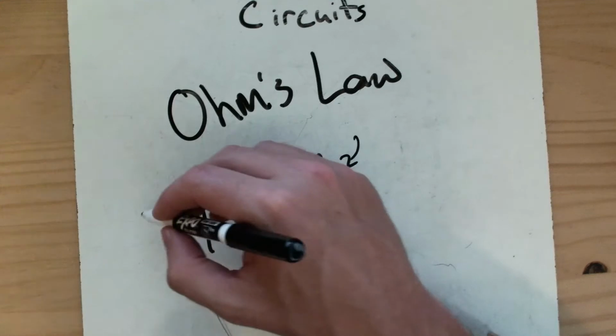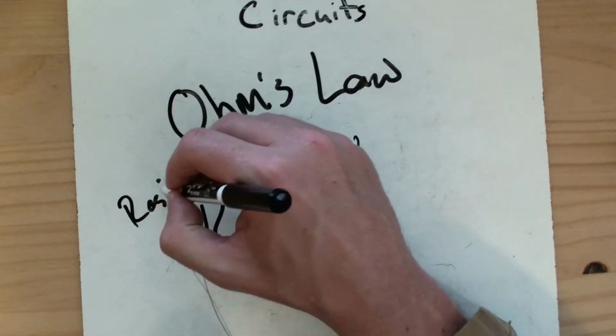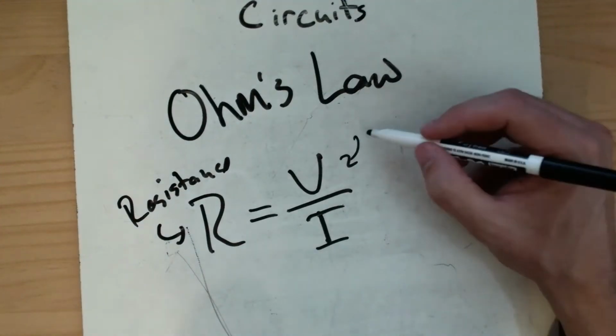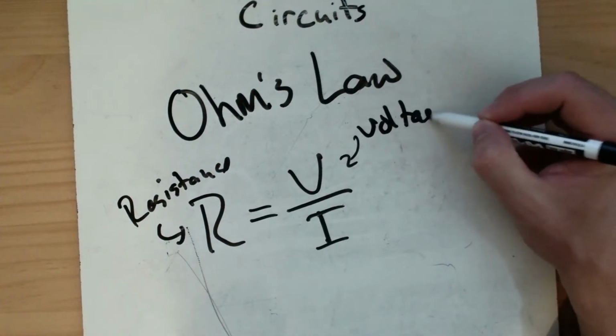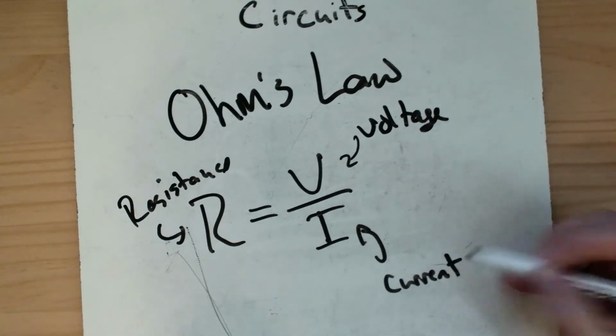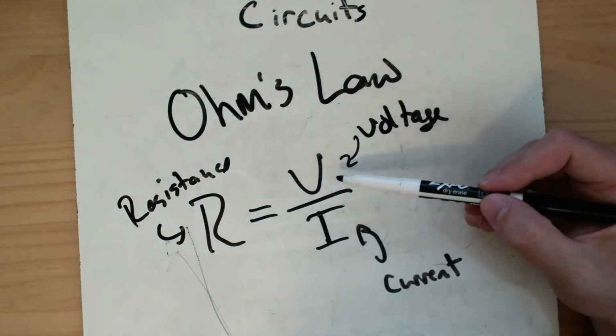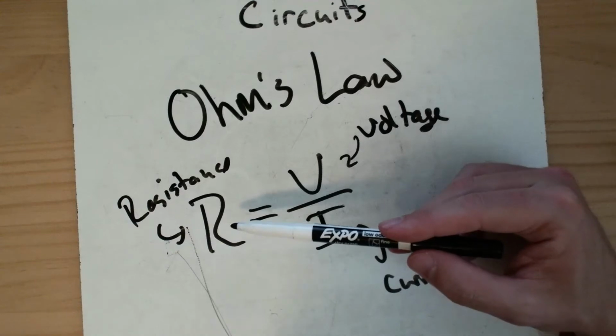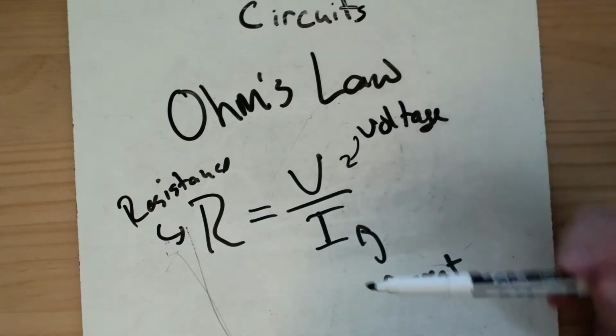So we have resistance over here. That's resistance. We have voltage over here. And we have our current down here. So this is the amount of electricity that we have. This is how quickly that electricity is moving. And if we use those two things together, we can solve for resistance.